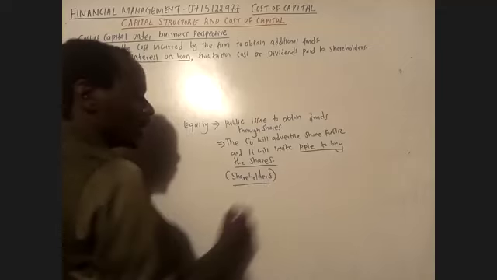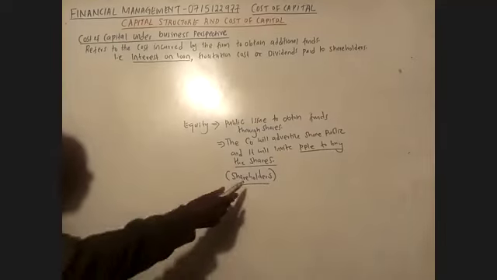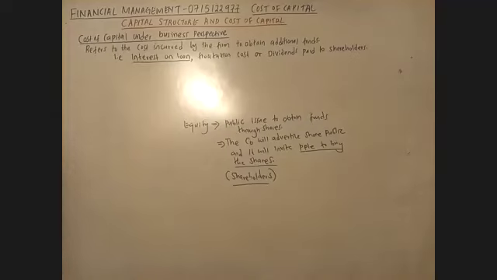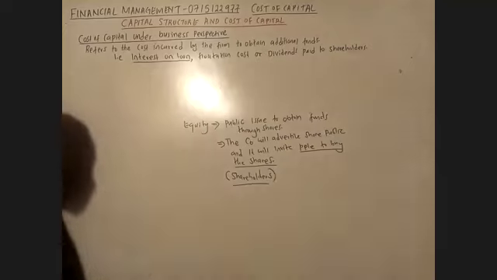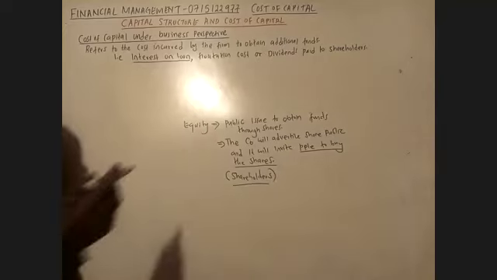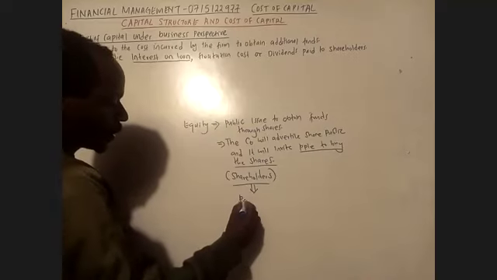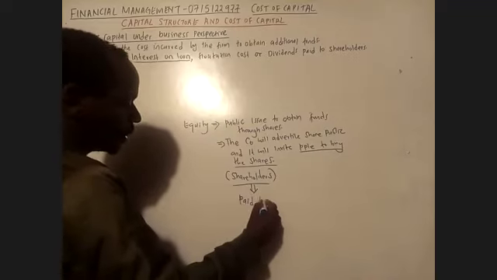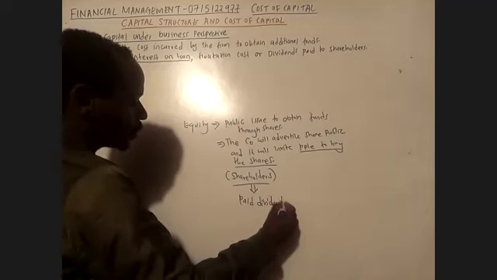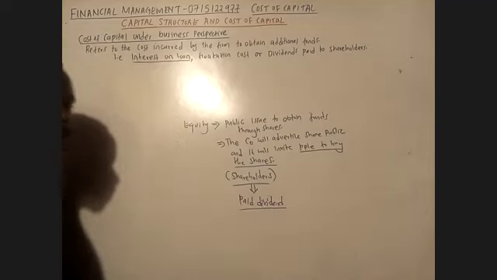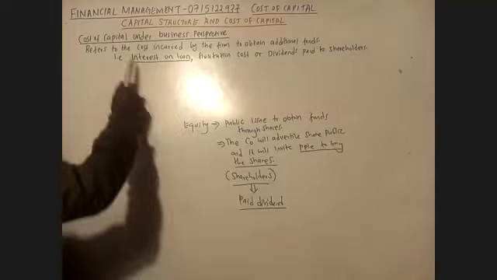Once the shareholders supply money to the company in exchange for buying shares, in the future these people will expect to be paid dividends. This dividend that is going to be paid in future is also referred to as the cost of capital.